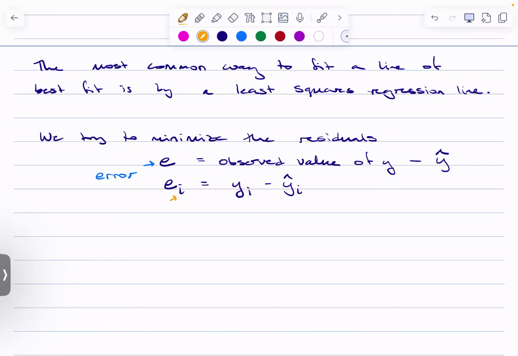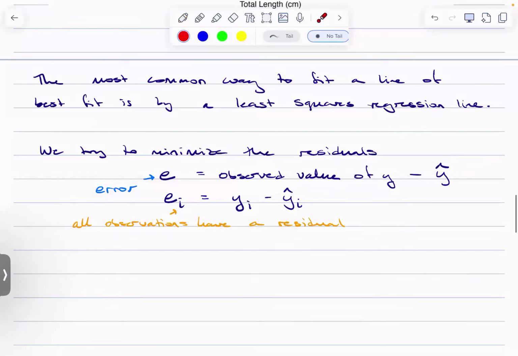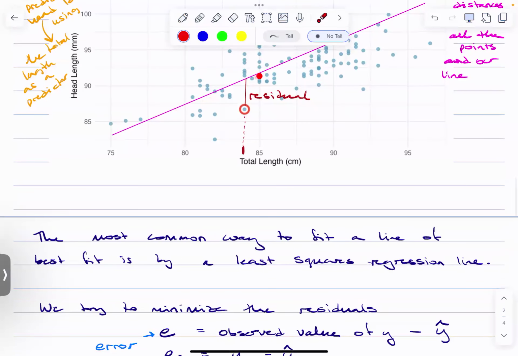Let me make a note here. This just says all observations have a residual. Residuals can be positive and they can be negative. If y hat is your predicted value, then y hat is the line.